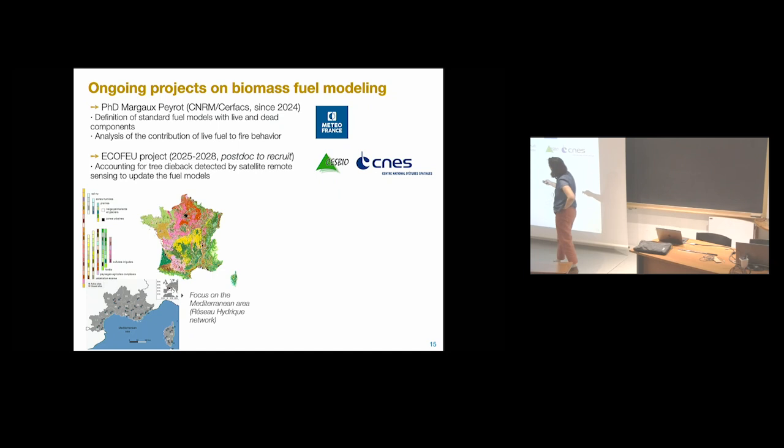And within the EcoFeu project, the idea is to go a bit further. These fuel models are static, so we want to have some dynamics, some temporal variability, because you have some seasonality in the properties of the fuel parameters.